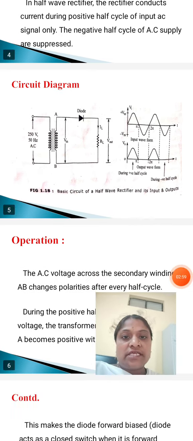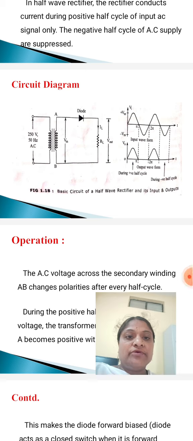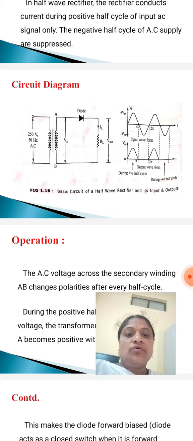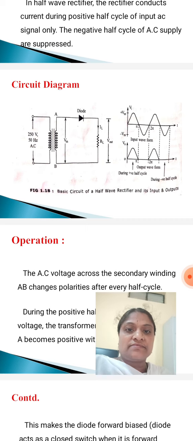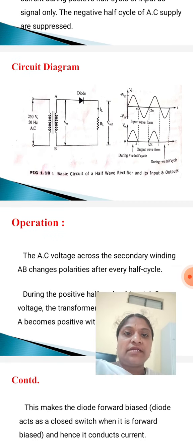This is the circuit diagram of half wave rectifier, the basic circuit with input and output waveforms also. Observe this circuit. Here only one diode conducts. The circuit consists of one diode, one transformer and one load resistor.